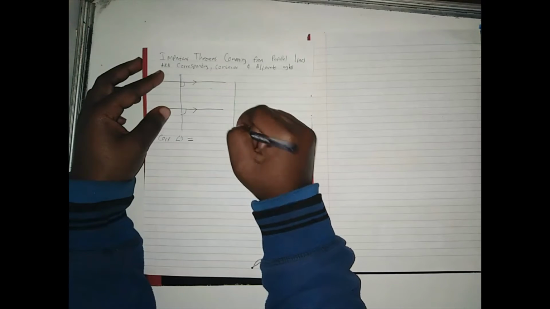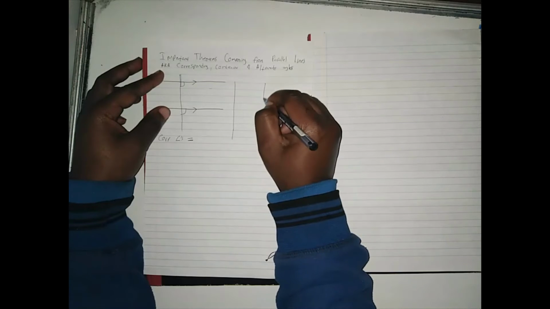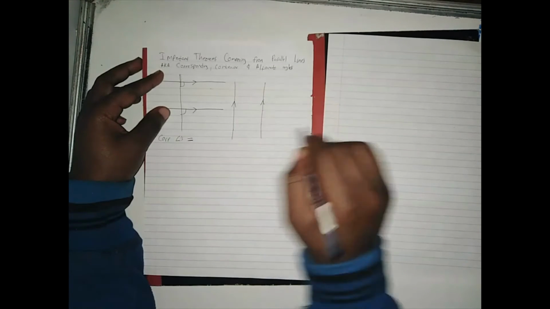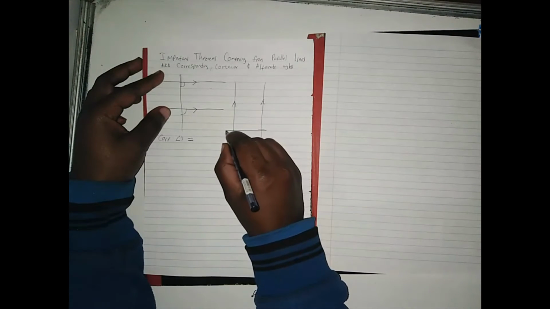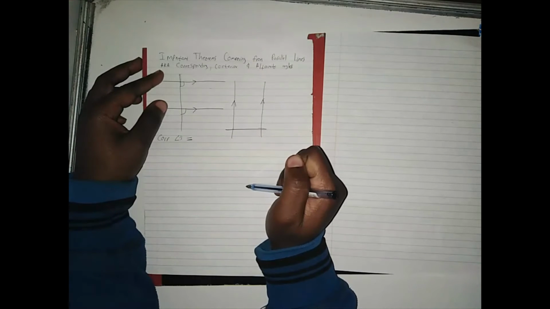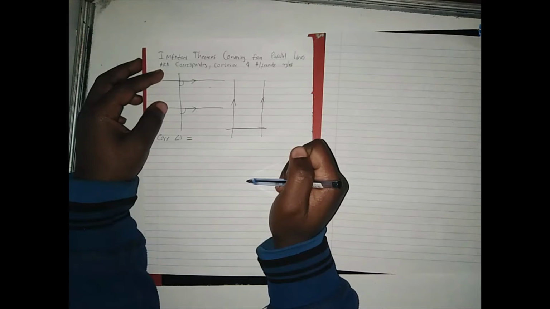All right, now there is a second one. You've got parallel lines again. So you've got this line being parallel to this line, and then there is a line here. Now these two lines are also transversal lines, but they're not just transversal only, they are parallel.